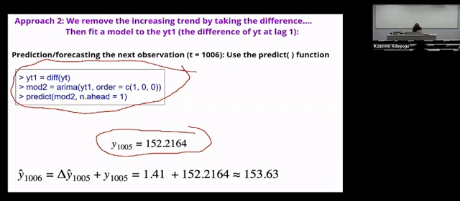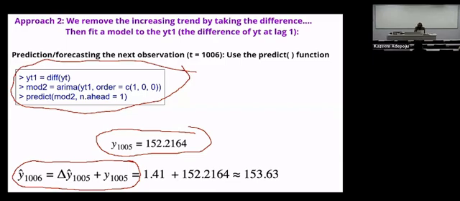It could be the next day. Okay, if I want to do that, take a look at this now. Y cap 1006, which is what we want to predict, equals the change plus Y1005.